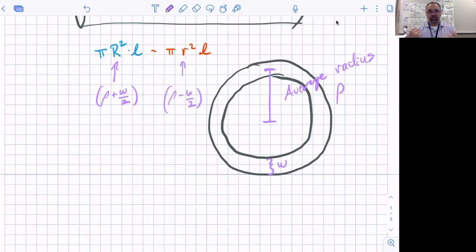And here's what happens. Through the miracle of algebra, we're going to get some pretty interesting stuff to shake out of this. Now, you obviously see the pi and the L that are in common, so let me get those out of there.